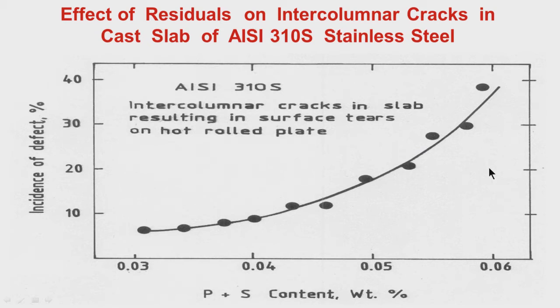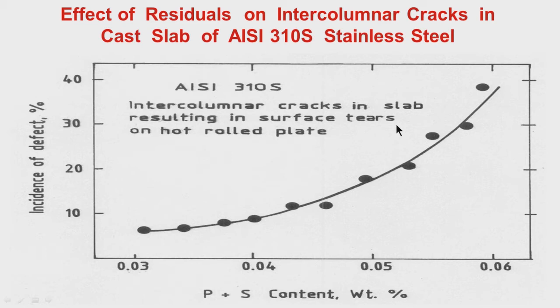In such grades microsegregation is relatively more because of austenitic solidification. So here the control of phosphorus and sulfur assumes much importance. Phosphorus and sulfur have to be controlled to reduce the incidence of intercolumnar cracks in slab.